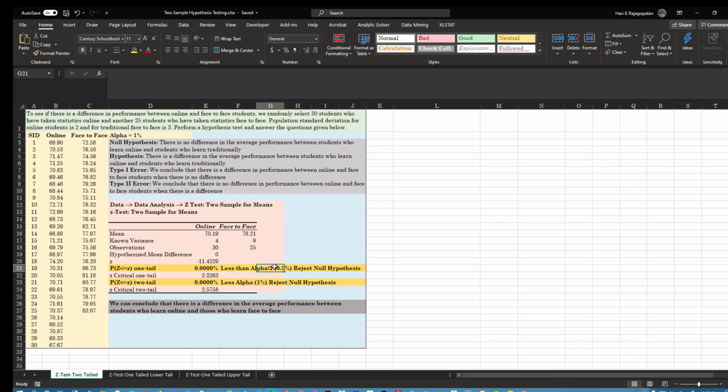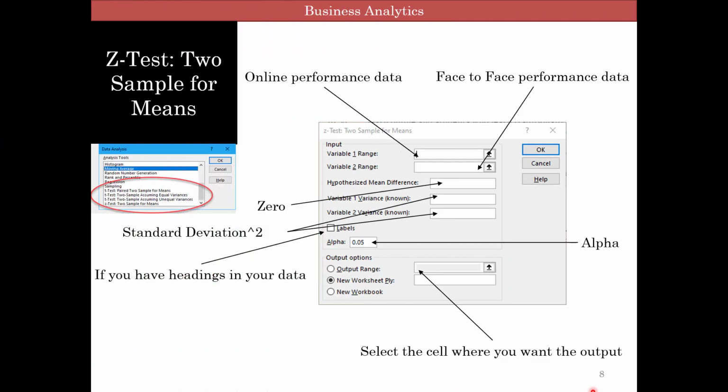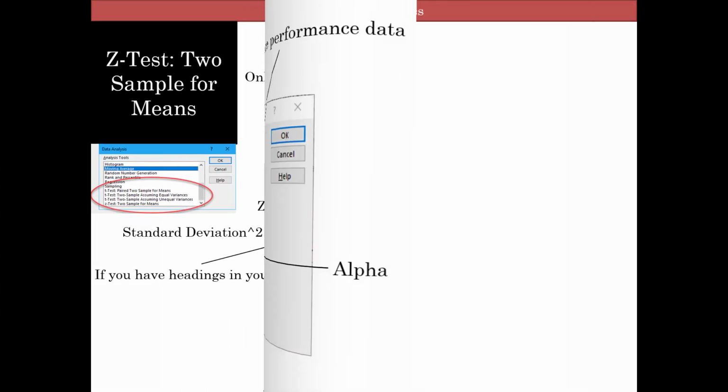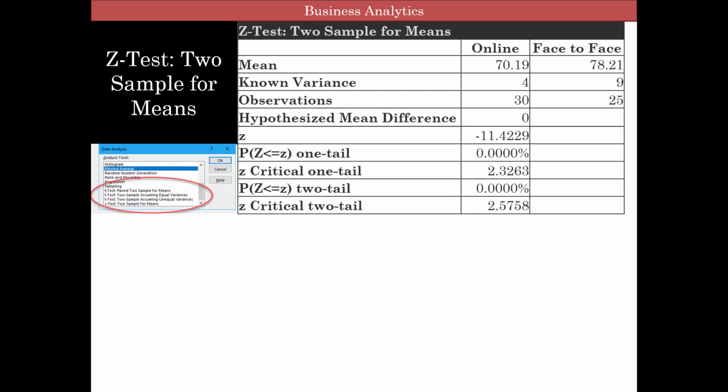Either use alpha by 2 here or use alpha, and you can conclude there is a difference in the average performance between students who learn online and those who learn face-to-face. And you can see that here. The average is 70 for online, 78 for face-to-face. Going back to PowerPoint.